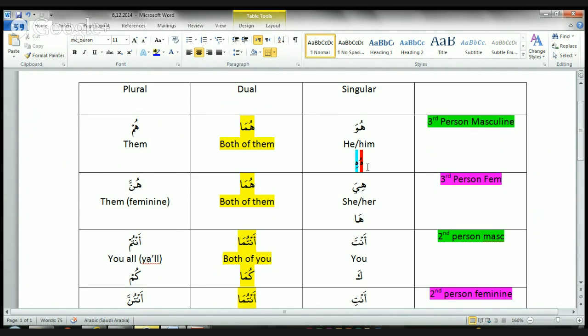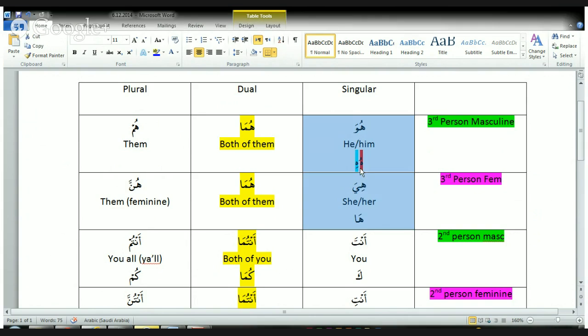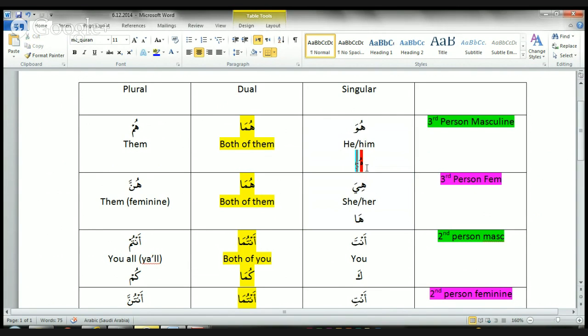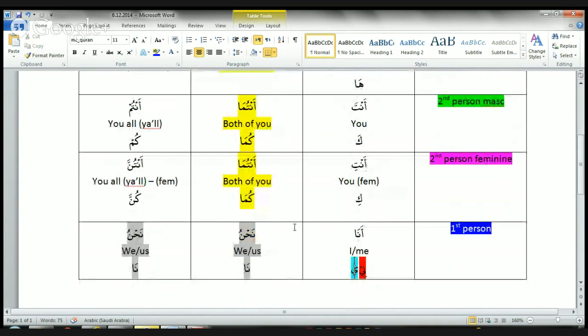But let's say kitab is jar. Then it becomes kitabihi, and you'll see he. So sometimes it'll be different, but you'll see the context eventually. Rabbi ja'alni, oh Allah, make me muqim as-salah, someone who is established in salah.